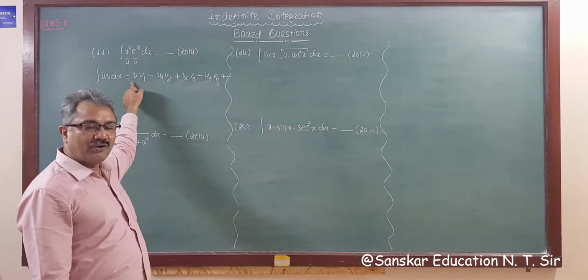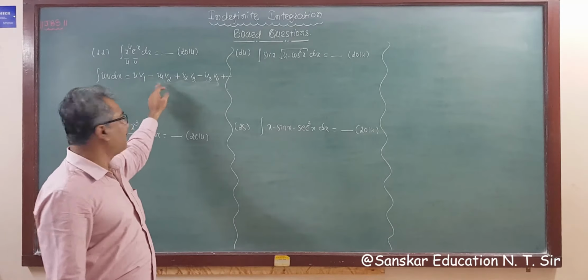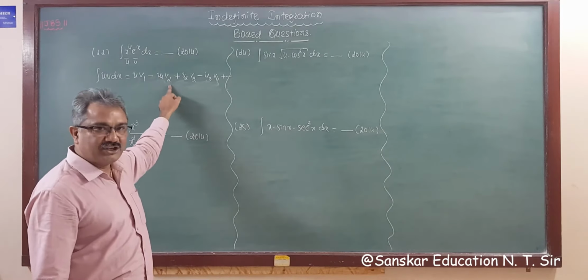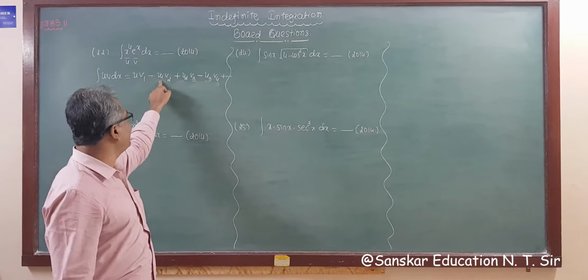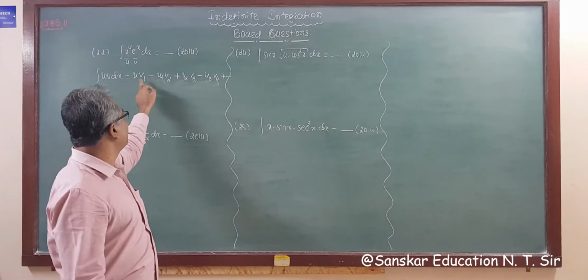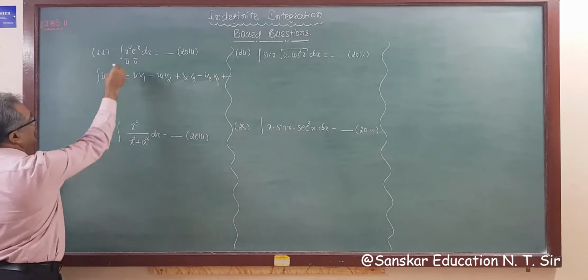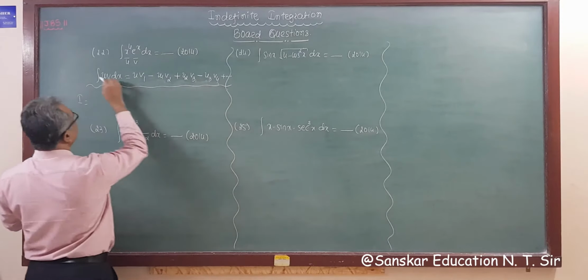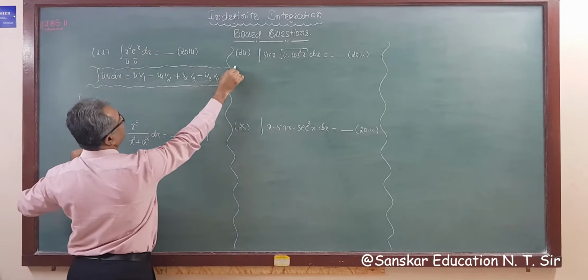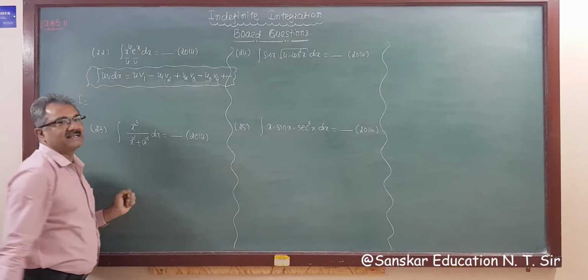Then derivative of u, so minus, derivative of u is u1, and integration of v1 is v2. So successive differentiation gives u1, u2, u3 as derivatives, and v1, v2, v3, v4 are successive integrations. So this is your general formula for integration by parts, right? It is very useful for competitive exams.